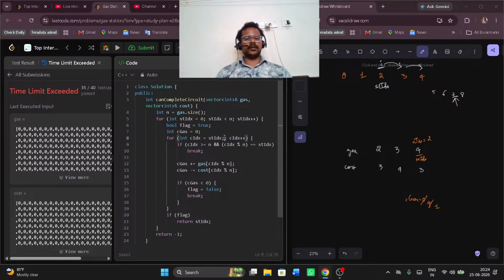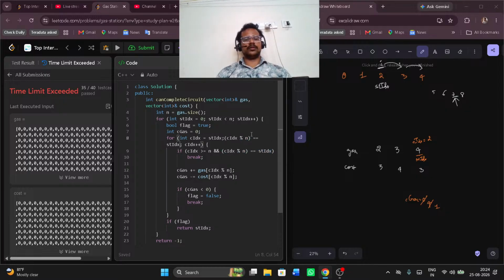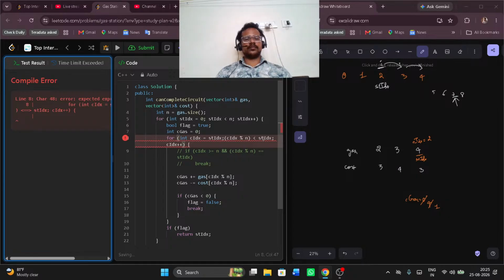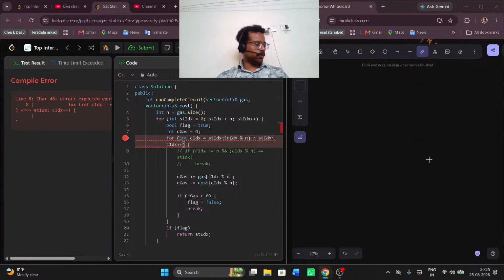This I think is not needed. We can place it like this if I'm not wrong. Okay, that's a mistake. However, we'll go to the optimized approach. We'll just solve this correctly.